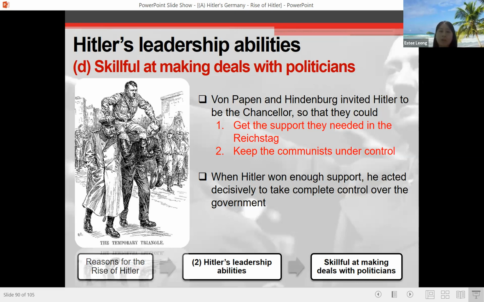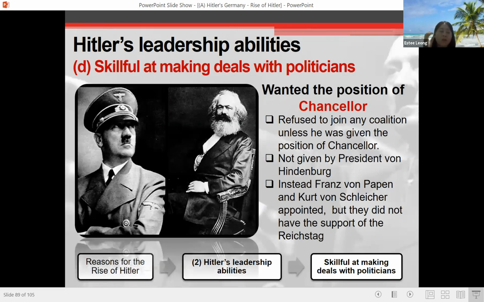Basically, for this factor, what you need to know is that he took advantage of the circumstance presented to him: the Weimar Republic and President von Hindenburg needed support from a strong party. In this case, the strong party is the Nazi Party with 33% of the vote. It's not the majority, but it is the most popular party as seen in the elections.